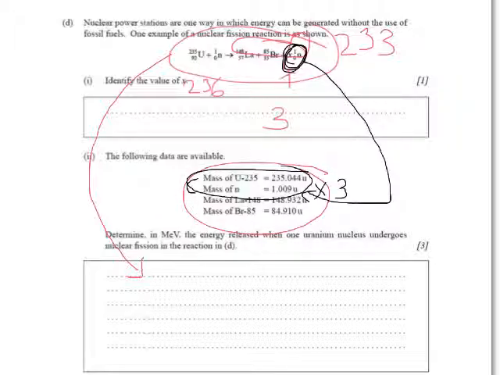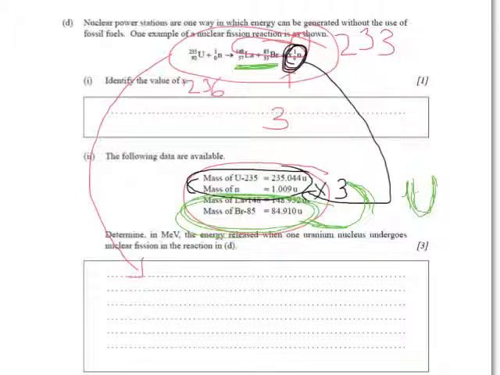And on the other side we have these 2 elements, so we add these 2, plus 3 neutrons. And then we find the mass difference in u.